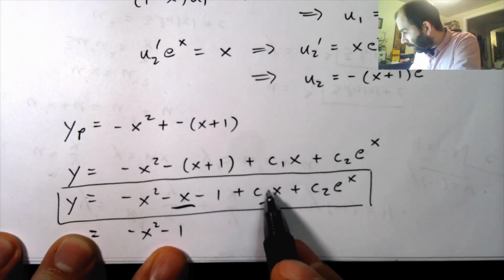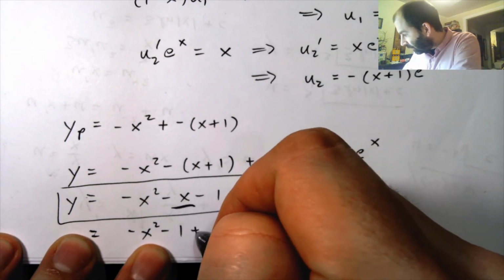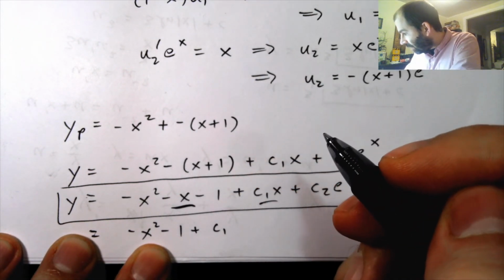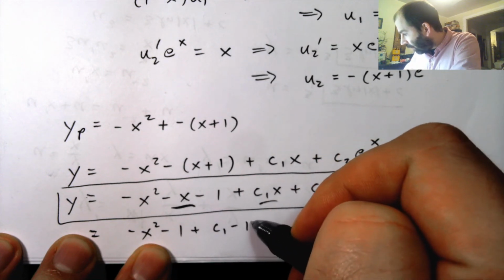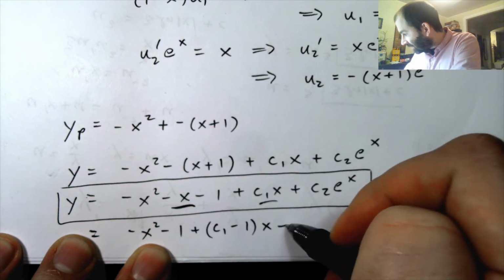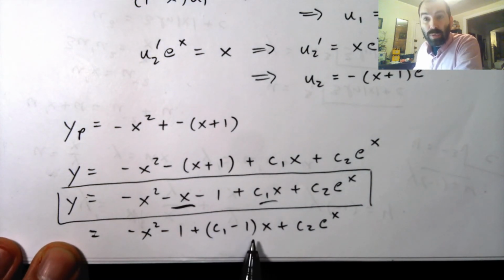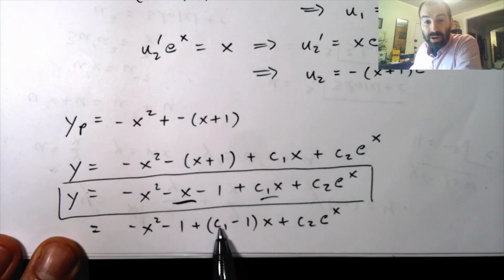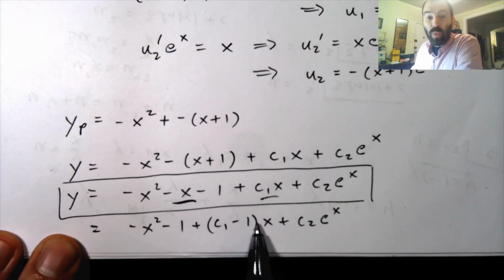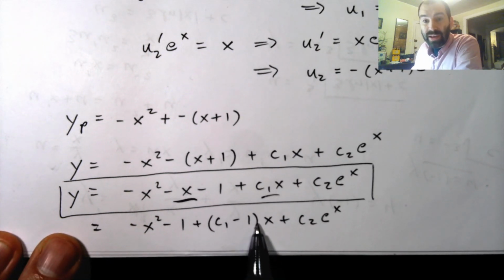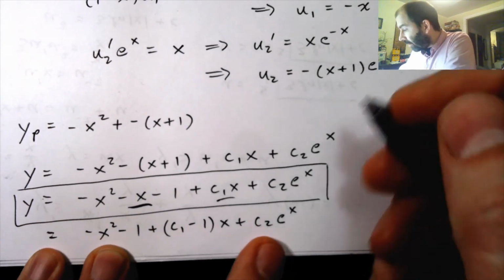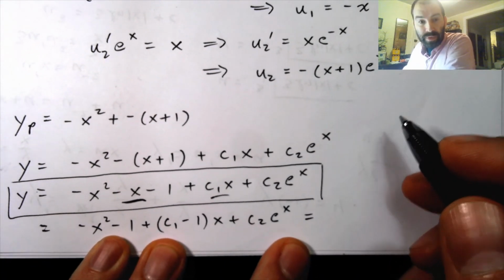I'm going to put these together. So this is plus c1 minus 1 times x. But if c1 is an arbitrary constant, then c1 minus 1 is an arbitrary constant, right? So what would be even better is to write this in this form.